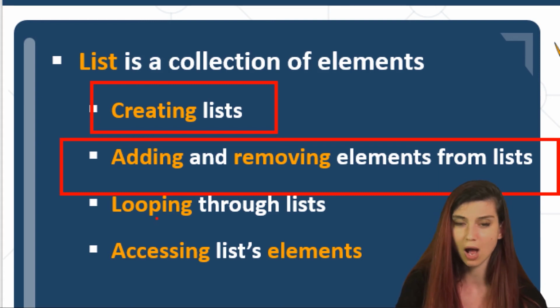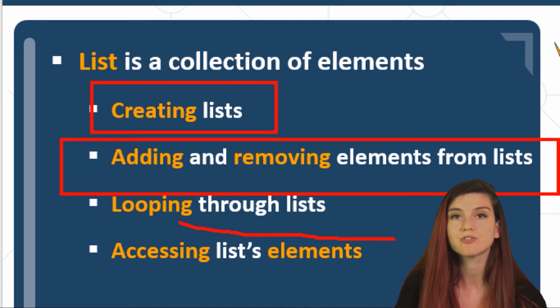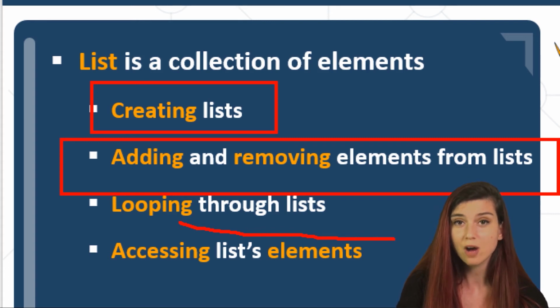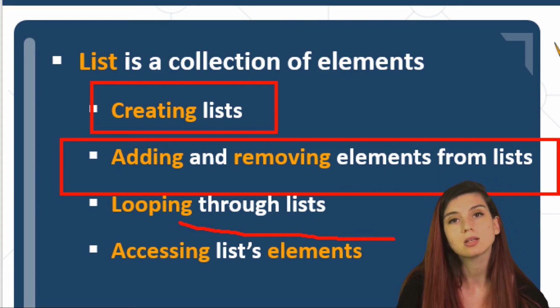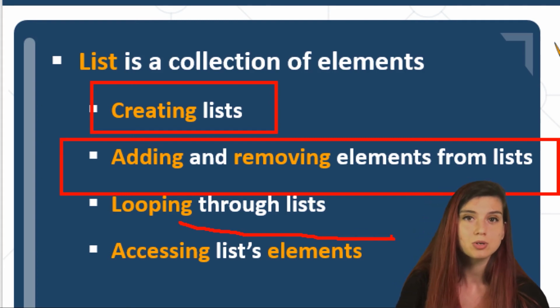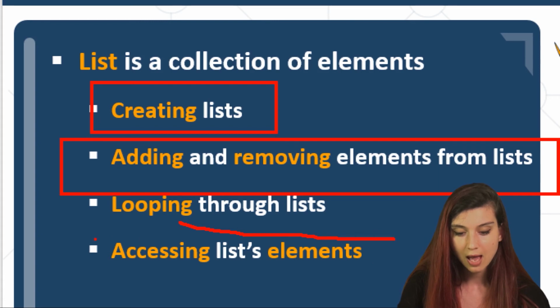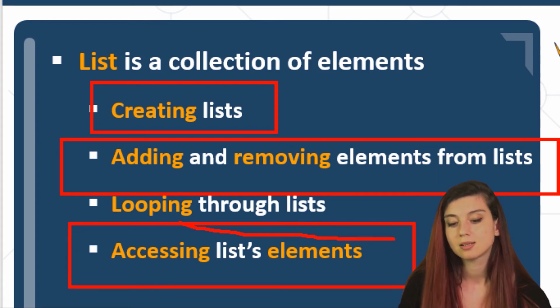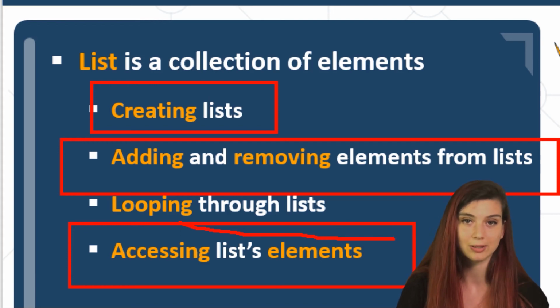And it will throw an error, right? Looping through lists, how we can do that with for loop, with range function, or we can achieve that just with for element in collection, where collection should be our variable with type of list, right? And how we can access the list elements. And with this problem, we saw how we can do that.